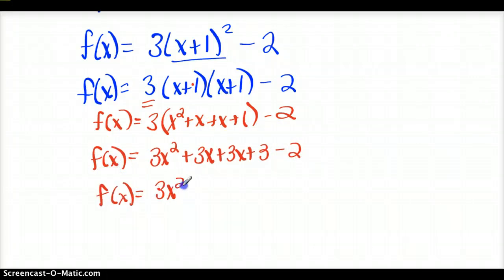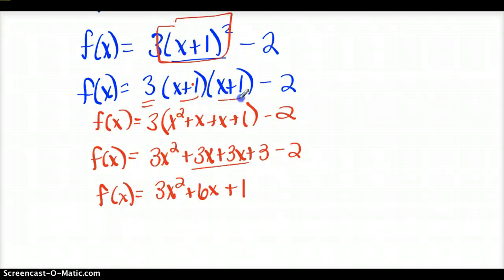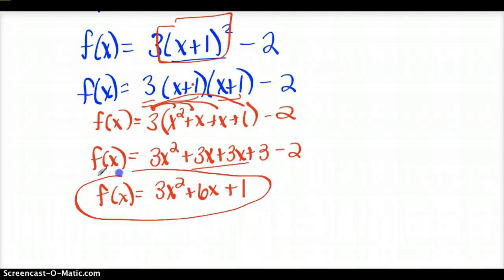So 3x squared, that would become 6x, and that would become 1. So that's going from vertex to standard form. So you write this part first, write it twice, distribute your stuff out. Take the coefficient here in front. Remember, if it's a negative, to take a negative with it, and then combine like terms. You're to the form you need.